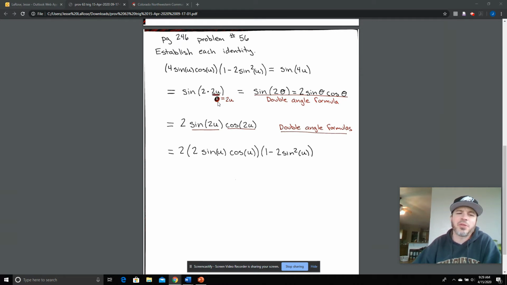And then I'm really thinking that 2u is like a theta, right? So it's really like saying sine of 2 times theta. So really, I could rewrite it using this double angle formula, where if I think of sine 4u broken down like this, it's really like sine of 2 theta, right? Like this. So then I'm going to use the right side of it.